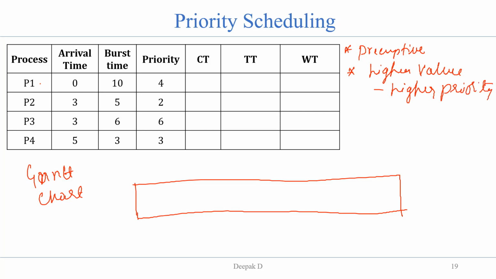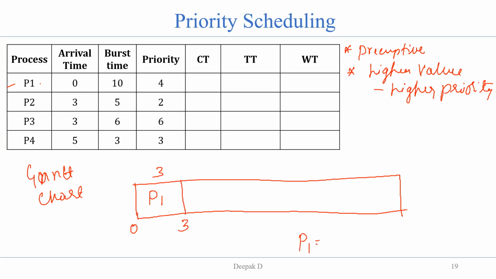So this is the condition. At the 0th second the process P1 has arrived, no other process has arrived, so P1 will be considered for execution, and it is executed until the next process comes. It will also check whether the currently executing process has higher priority than the process that has arrived. So it will execute for 3 seconds.